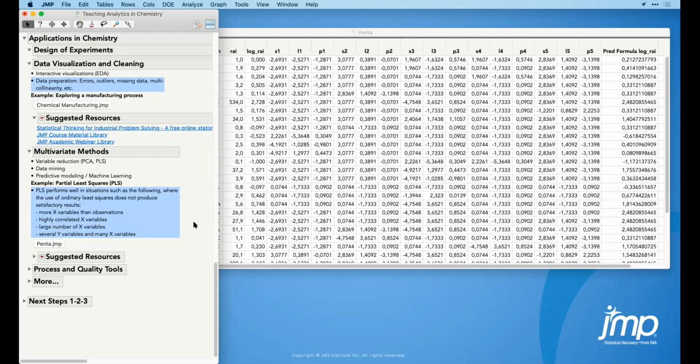PLS can be a nice platform for you. Here are some use cases: if you have more variables than observations, more X's, if you have highly correlated X's, or if you have a large number of X variables, hundreds, and maybe also several responses, Y variables.